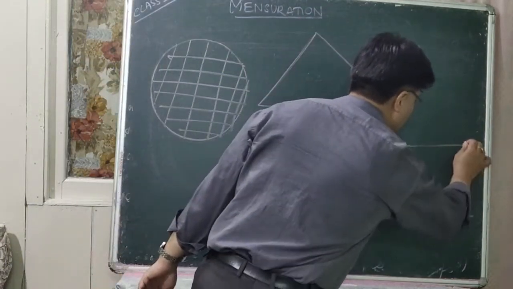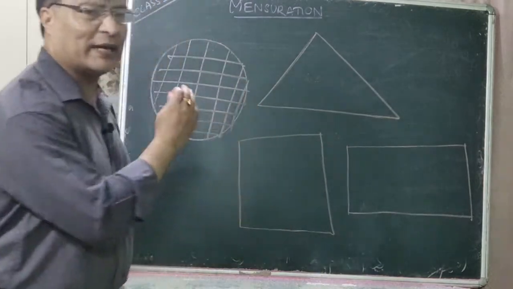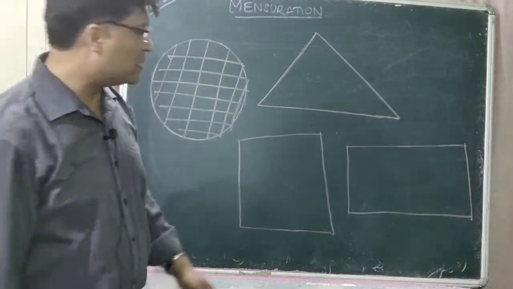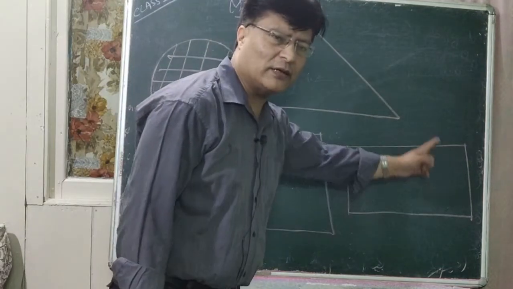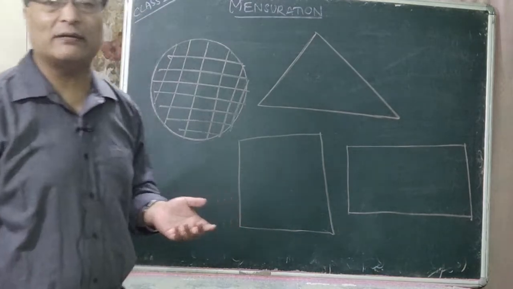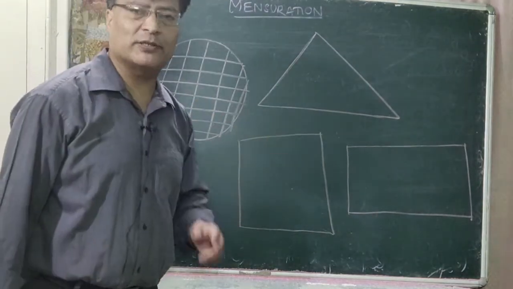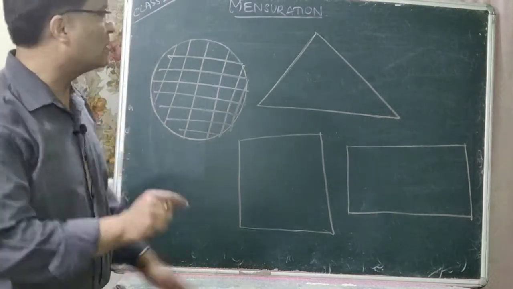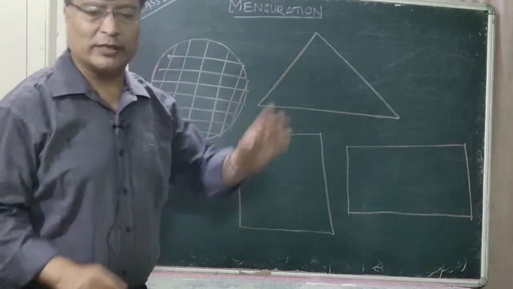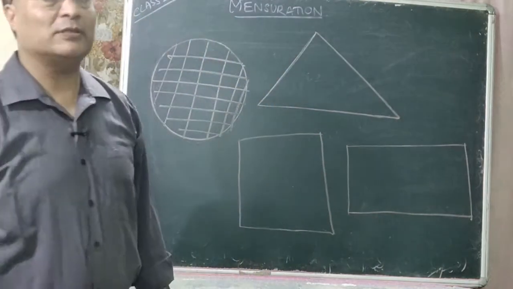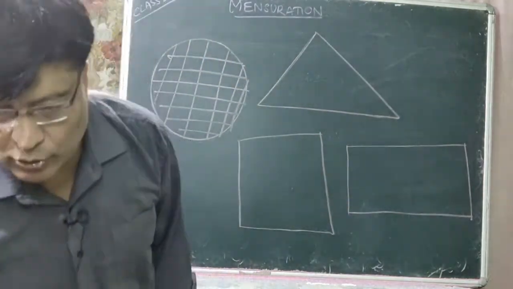So if you draw a rectangle, we can measure the perimeter of the rectangle. Perimeter of the rectangle means total length of all the 4 sides of the rectangle. We can measure this perimeter, and also we can measure the area of the rectangle. So this measurement comes under what? Mensuration. So in class 10, the first chapter is rectangular parallelopiped.